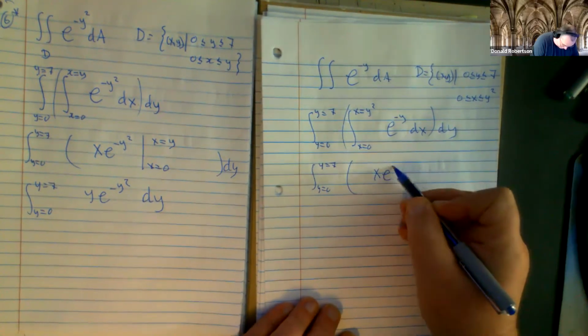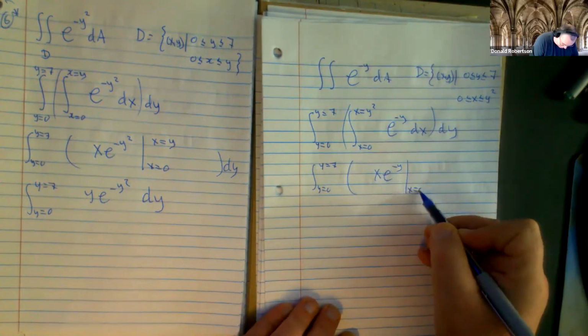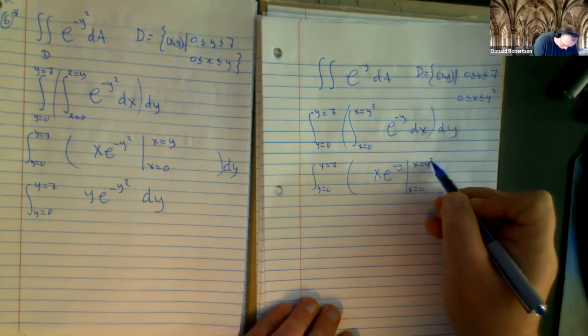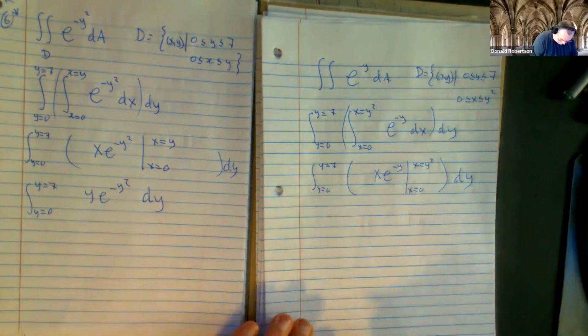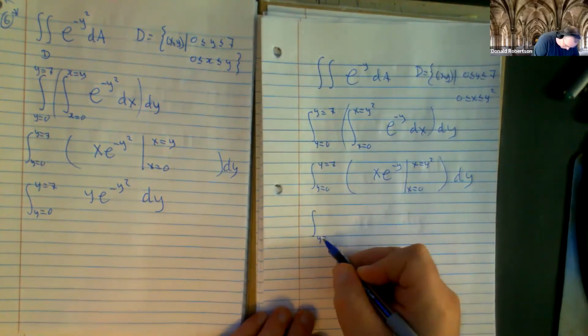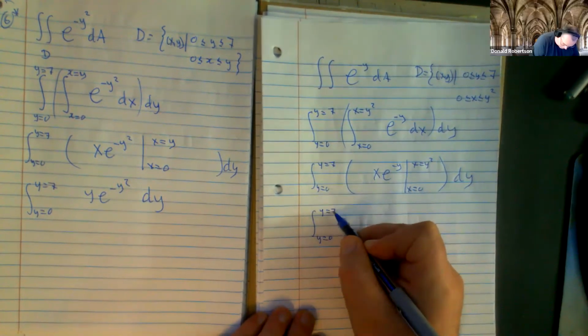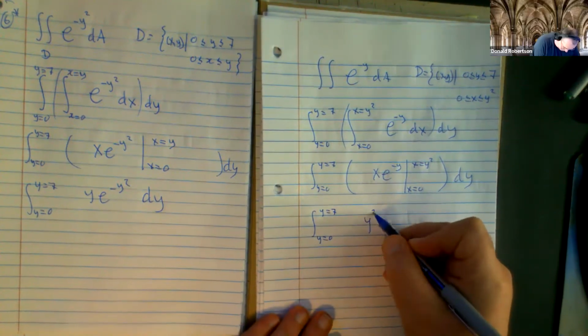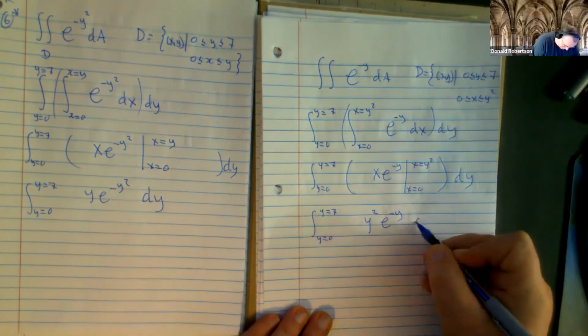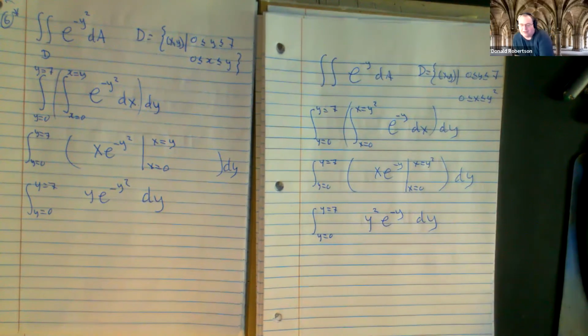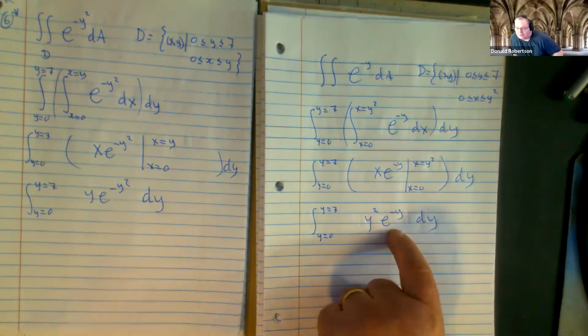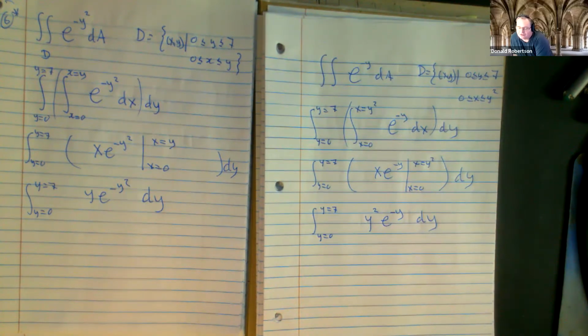Just stick an x in the way you would expect to, and evaluate it at the two endpoints. Nothing really significantly different there either. There we go. Can you see that that question is not a U sub? Isn't that question an integration by parts?